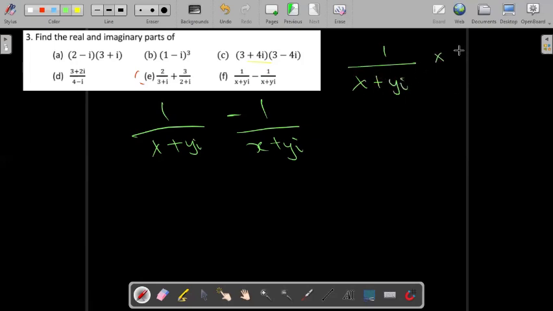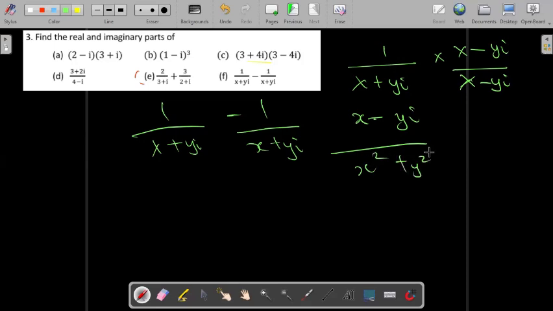I can rationalize this by multiplying by x minus iy. Then on top I just get x minus iy. Down, when I square x and square y, I just get x squared plus y squared.